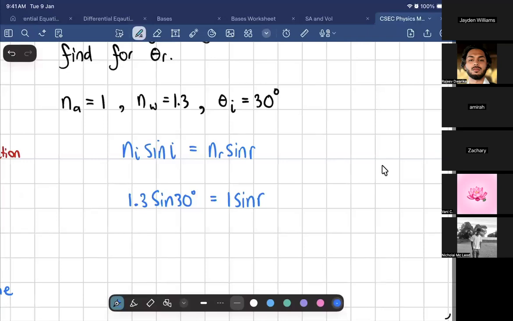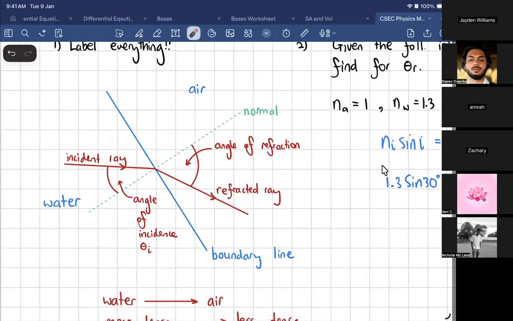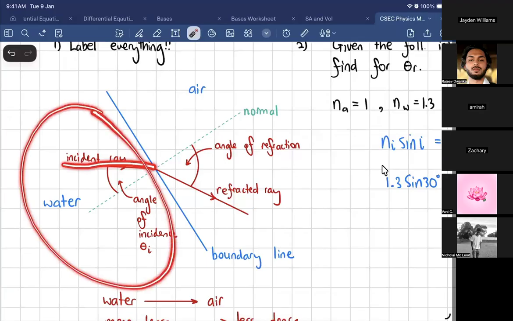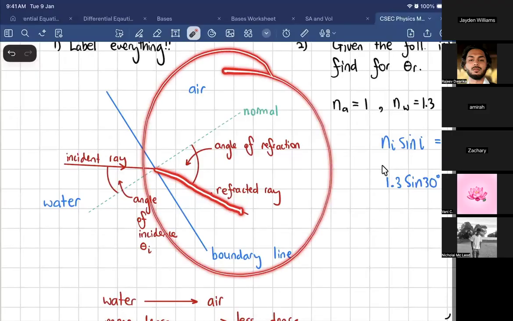All right, so something's wrong here. So Amira, let me try to understand what's happening. Do you understand that the incident ray is in the water? Yes, sir. And the refracted ray is in where? Air. Right.